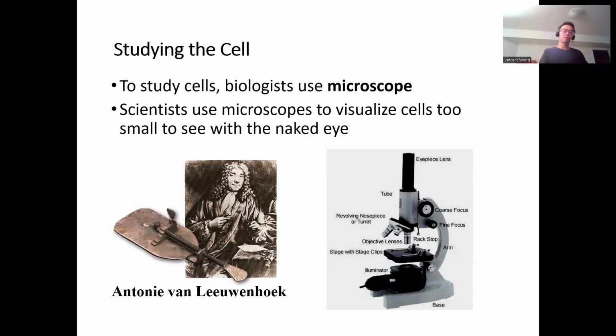So the first guy who sort of invented the very primitive microscope, I guess, is this person right here, okay? Leeuwenhoek, that's how you pronounce his name. Okay, so he had a handheld microscope that looks like this, right, with a few lenses, and he was looking at pond water.